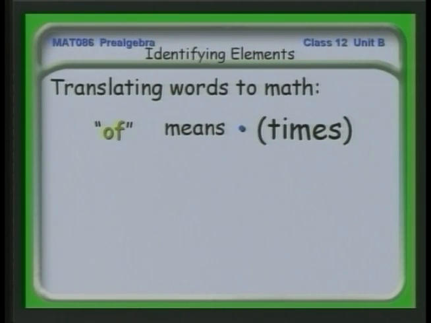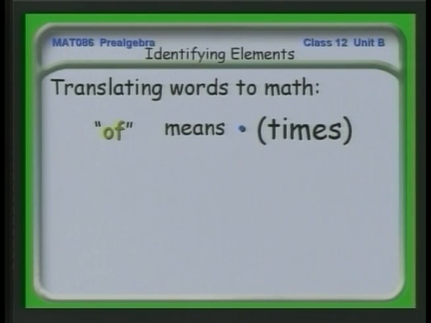Let's talk about what the words mean, because if we're looking at English, we like to know how the words relate to the mathematics. Since we're going from English to math, let's look at our dictionary. When you see "of" in English, think times in math.